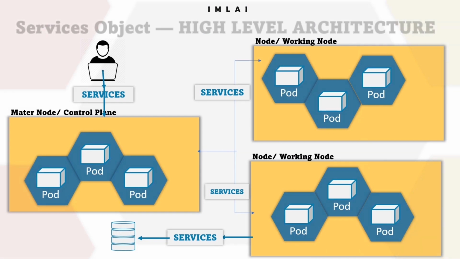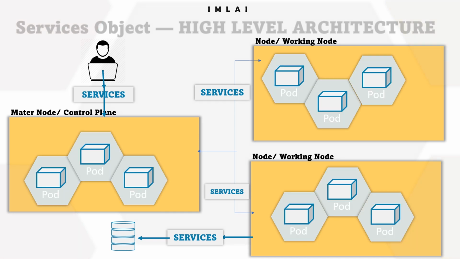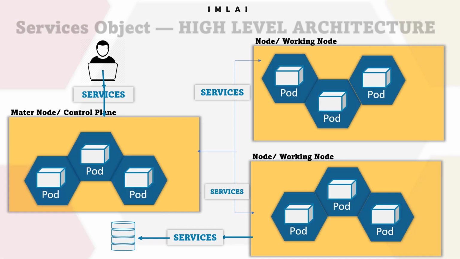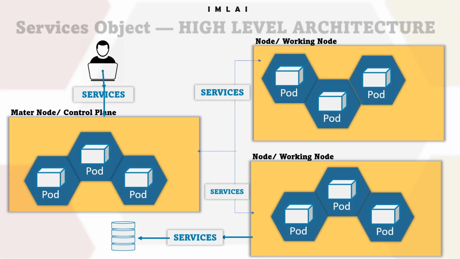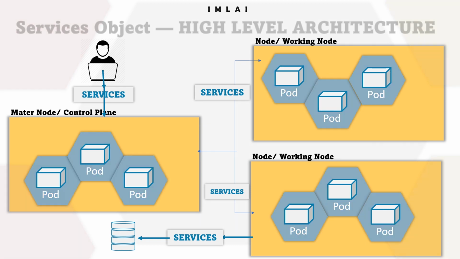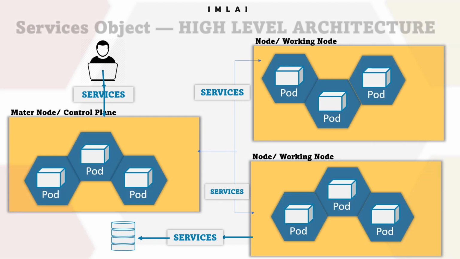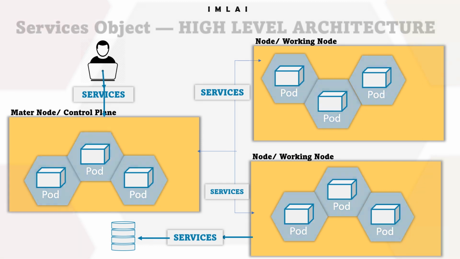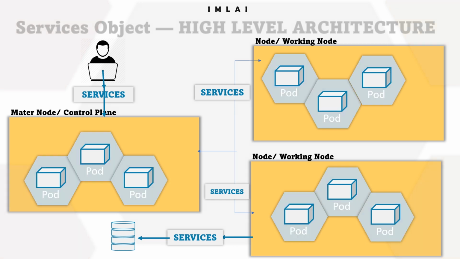Then we will look into the services object high level architecture. So every pod or a cluster of pods that are running, you need a service in front of that. If it is providing a network service, like a front end, we will have a service for backend. Example, RabbitMQ, Elastic Cache.